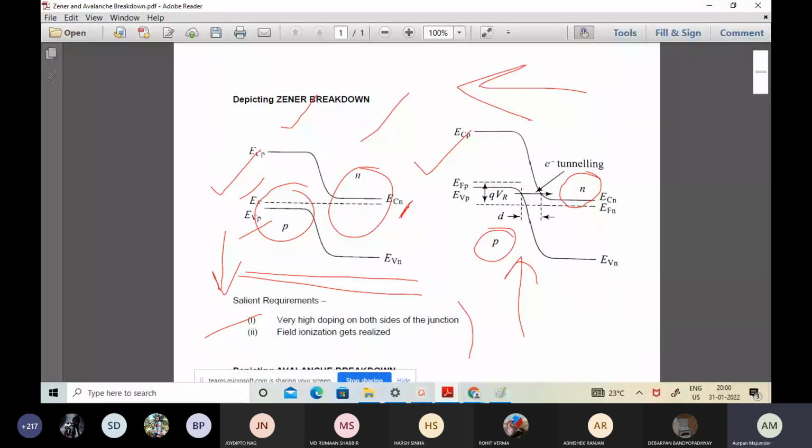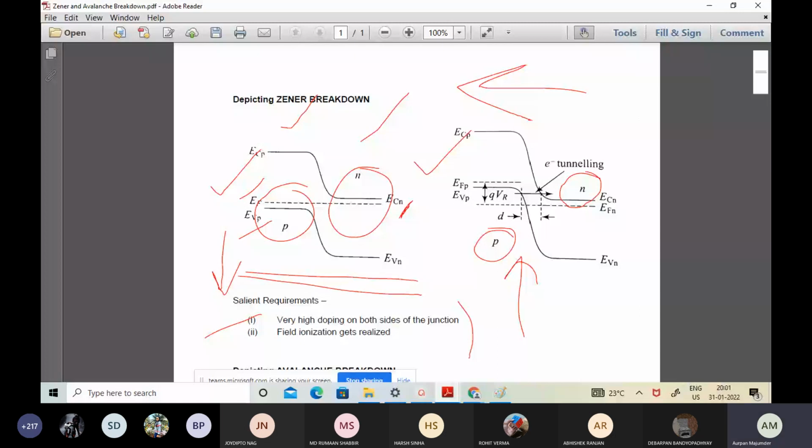In other words, the filled states on the P side are exactly opposite to the empty states on the N side. And easily from the filled states, it tears off, punches through the barrier and moves onto the N side and occupies a position over there. It gets sufficient amount of energy from that corresponding electric field.